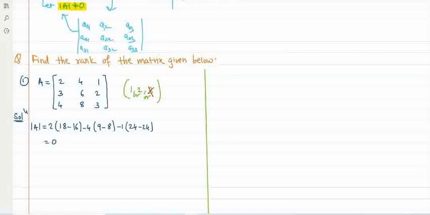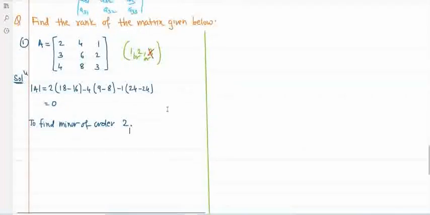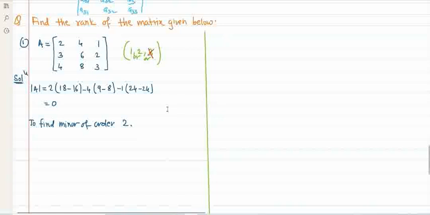which is not equal to 0. So next, to find minor of order 2, calculations may be different for different students, because while finding minor of order 2, the selection is with you. You may select any rows.